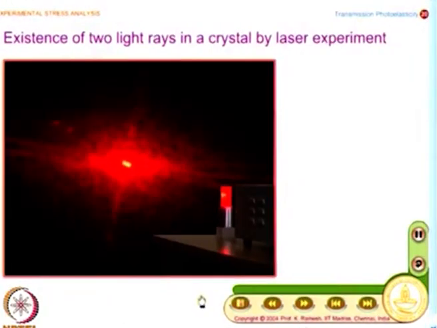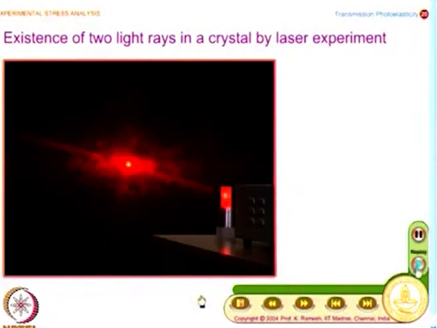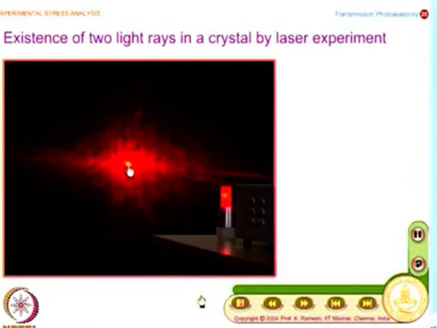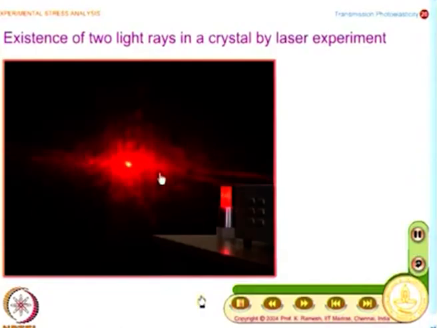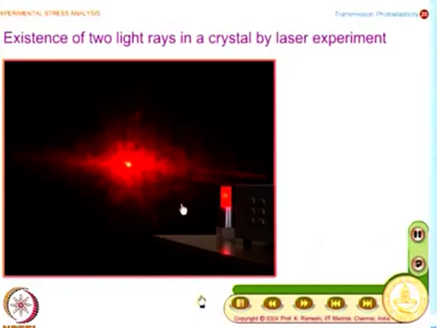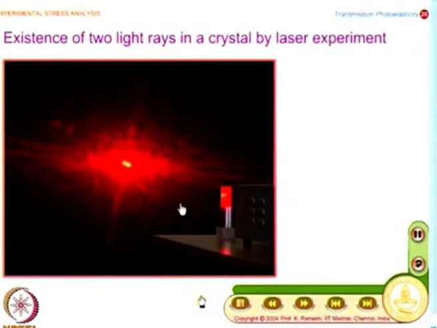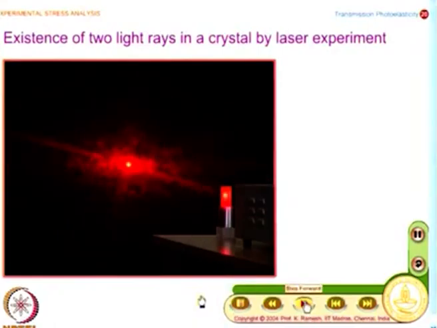We have also rotated a crystal and we saw that one dot becomes two dots, which indicates that the incident light in relation to the optic axis has a role to play. So, now the stage is set for how to analyze this mathematically.